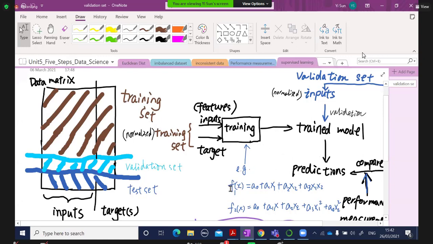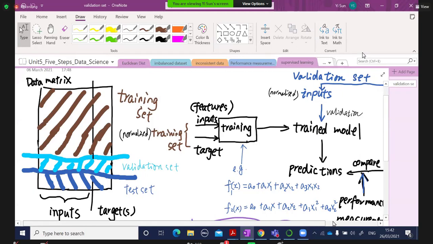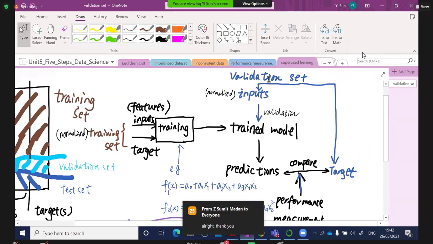So let's say we try the first model. We get the parameters for A0, A1, A2, A3. And then we validate the model on the validation set. Then what? The validation set input goes to the trained model, and we get predictions.